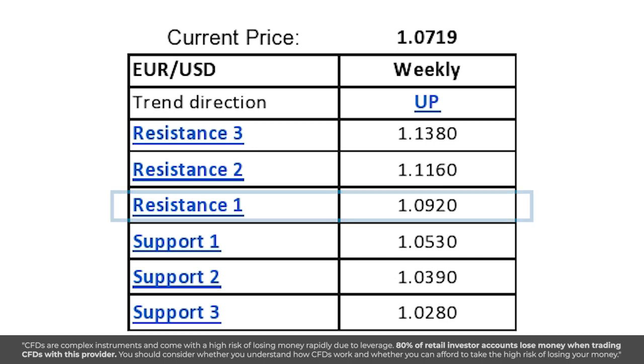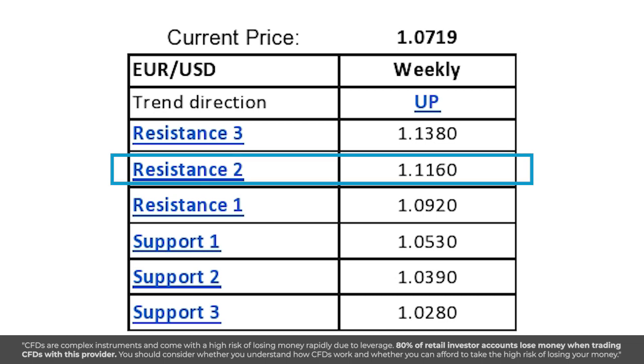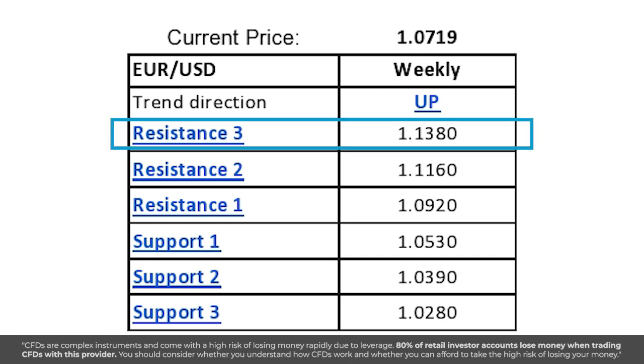Our first target is at resistance 1, which you can see here is at 1.0920. Our second is at resistance 2, which is 1.1160. And our third is at resistance 3, which is 1.1380.